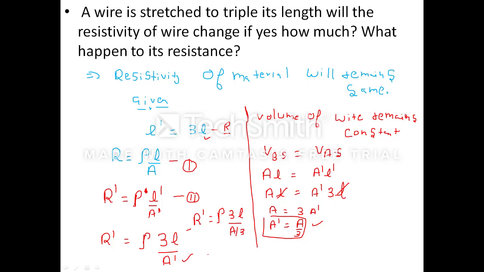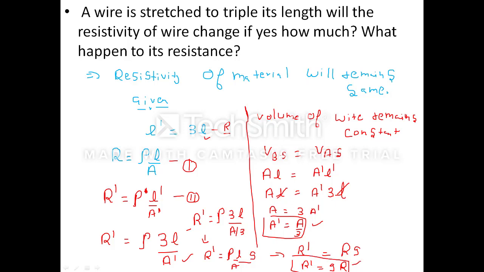Now if we further solve it, R dash equal to rho L by A, this 3 goes upper, then 9, and rho L by A is equal to R, so R dash equal to 9R.